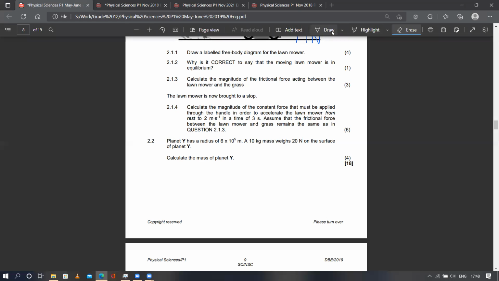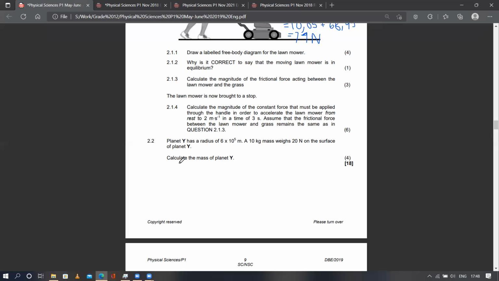In this case, you're going to have to use Newton's law of universal gravitation, where you're going to have your force being G M divided by R. I think, yeah, it's R squared. So they want you to find the mass of the planet.